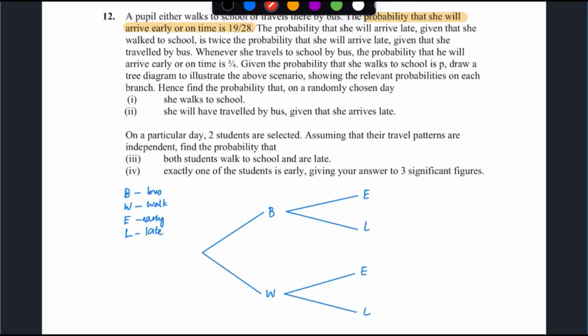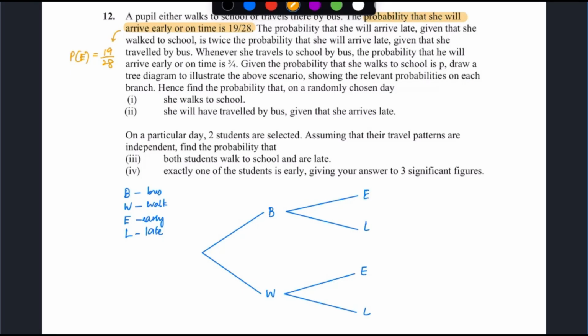So what does this mean? This means that the probability of the event that she's early will be 19 over 28. But which branch is it? It is not for a particular branch. It is the total case where she's early, because the probability where she's early happens in two situations. So the sum of these two situations will give 19 over 28. So it's not for any particular branch, but for these two outcomes.